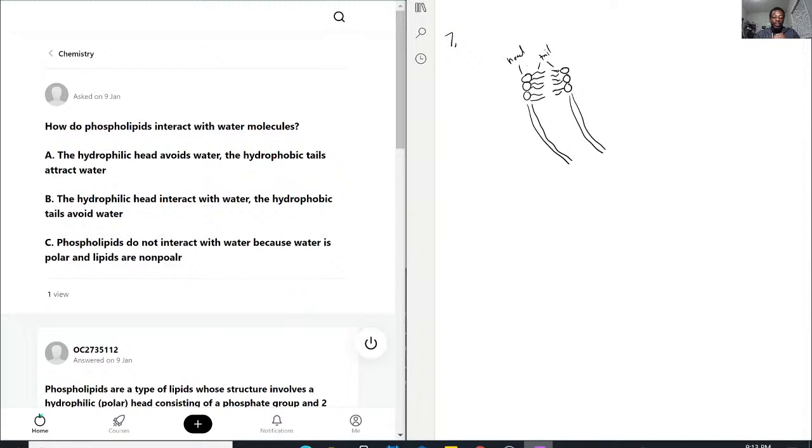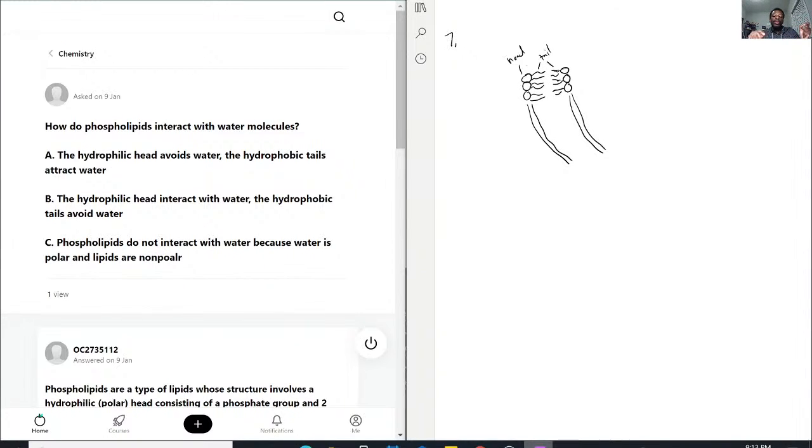So here, it's actually giving us a lot of information. They say hydrophilic. Now when it says philic, it means loving. So hydrophilic means water loving. There's no way a water loving something will avoid water. So you can already guess based on this what the next part will say.